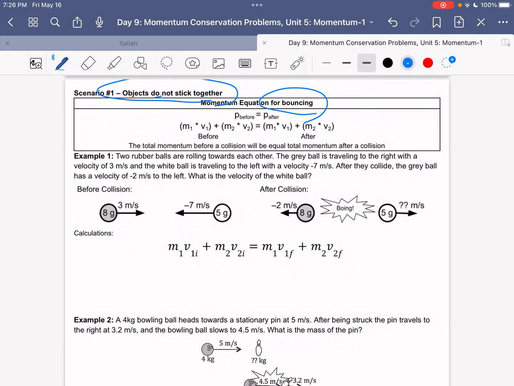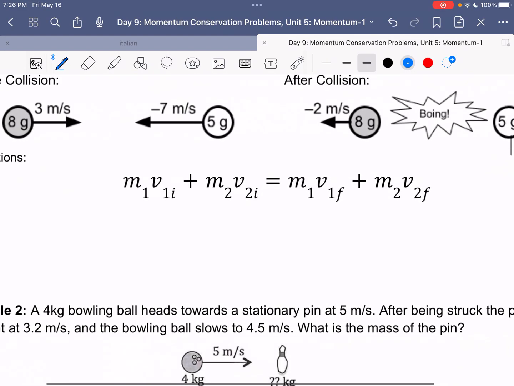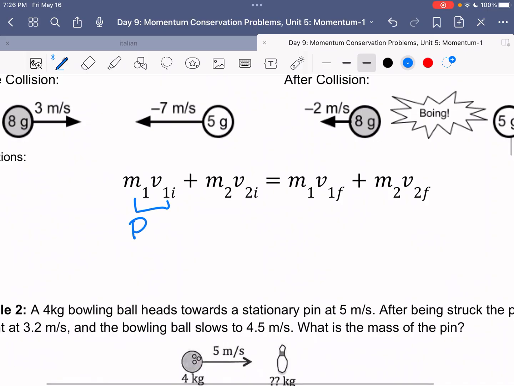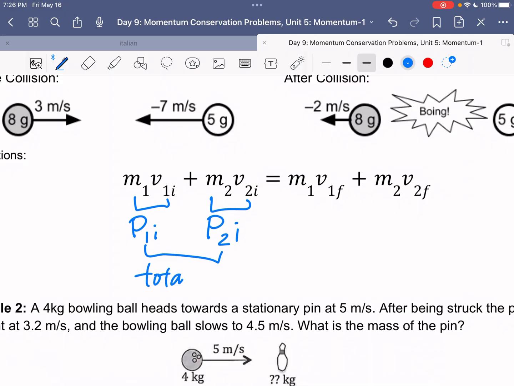So he gives you the formula here, and basically let's go over the formula. Mass 1, velocity 1 initially just translates to the momentum of number 1 initially, right? And then this is the momentum of number 2 initially. So when you add these up, it becomes the total initial momentum.